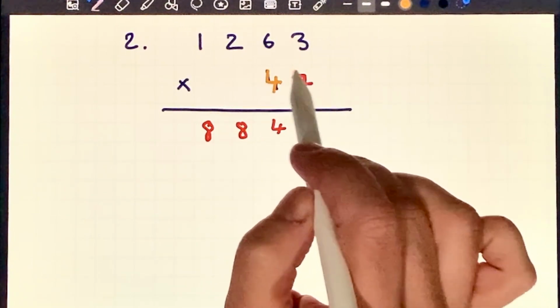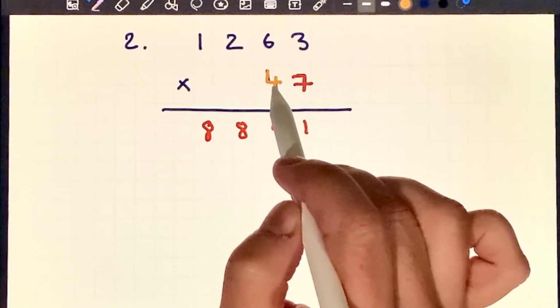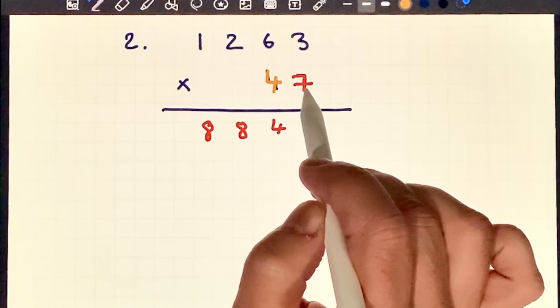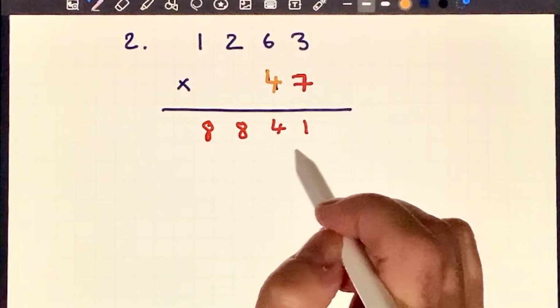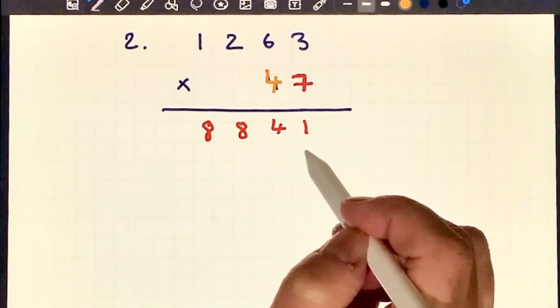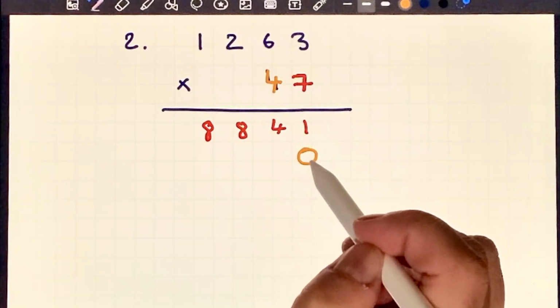This is 47, so the 4 is in our tens column and it's representing 40. Because of that, we need to account for that in our multiplication. So that means we're going to add a 0 as a placeholder.